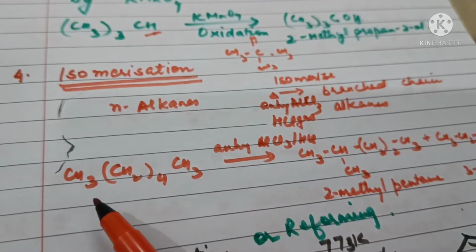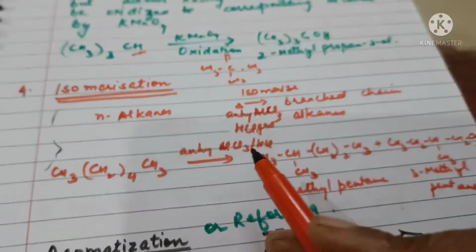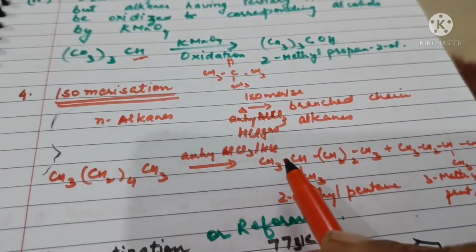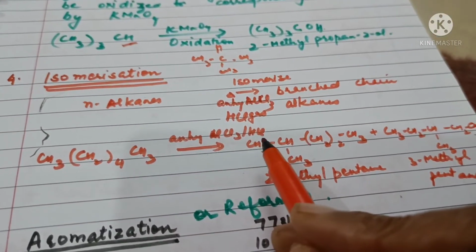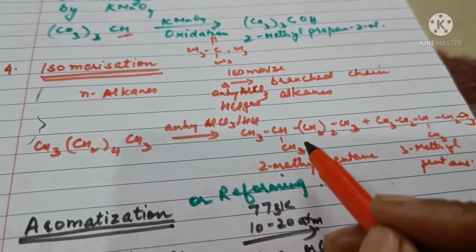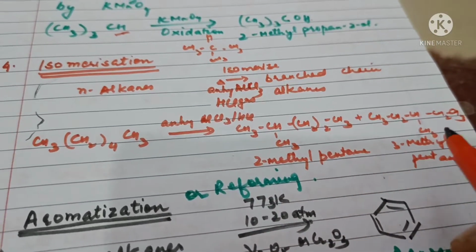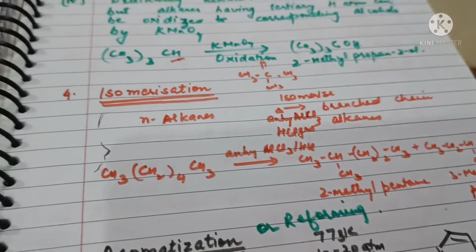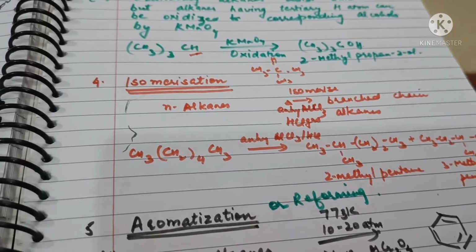For example, when normal hexane is heated with anhydrous aluminum chloride in presence of hydrogen chloride, a mixture of 2-methylpentane and 3-methylpentane and many other such branched compounds may be formed.